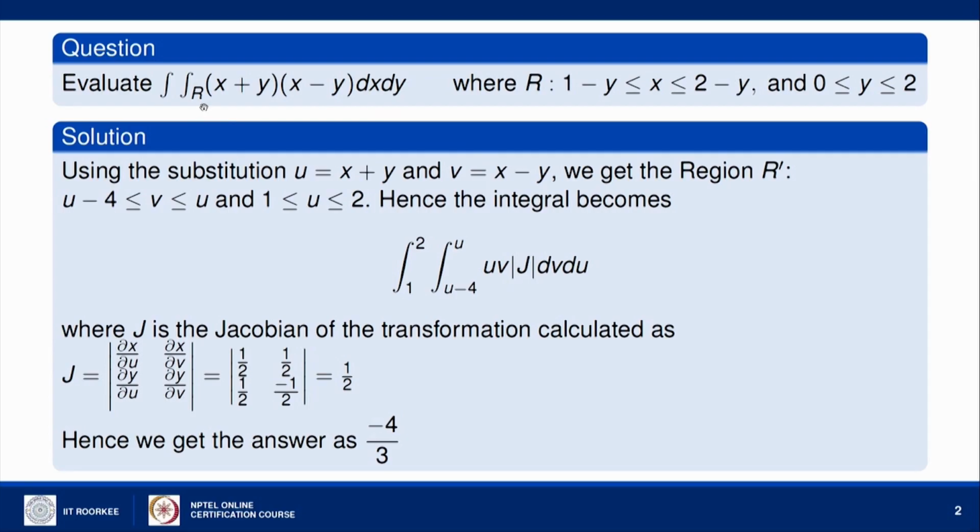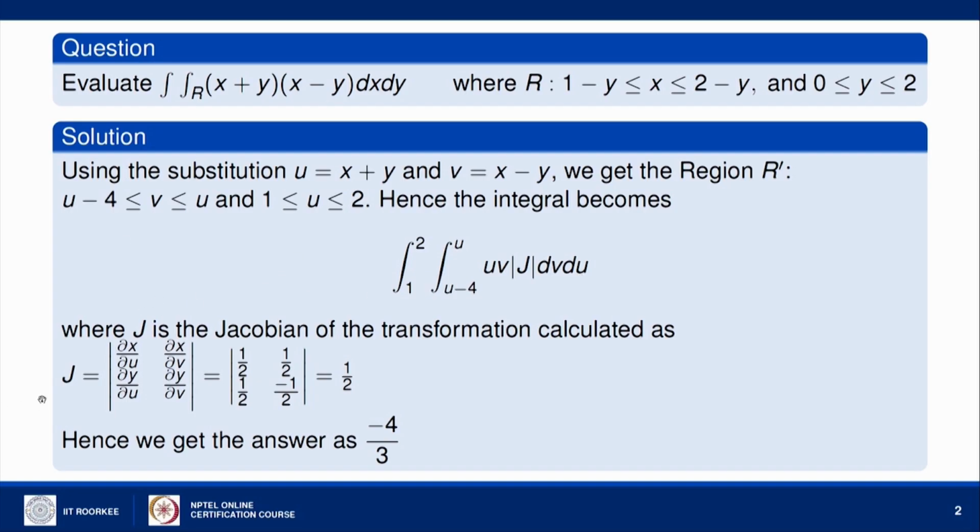Hence, the double integral converts into this particular double integral. Since x plus y is u and x minus y is v, it is u times v, then I need to find the Jacobian, and then dv du. Here I am writing dv du because I have constant limits for u, so I am taking du at the end. I will evaluate it later.